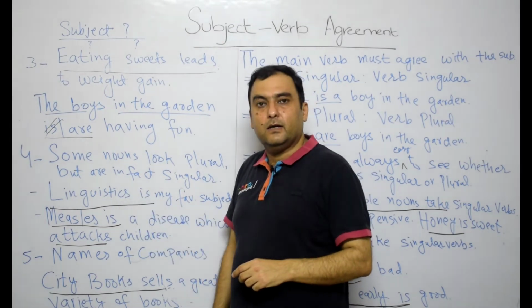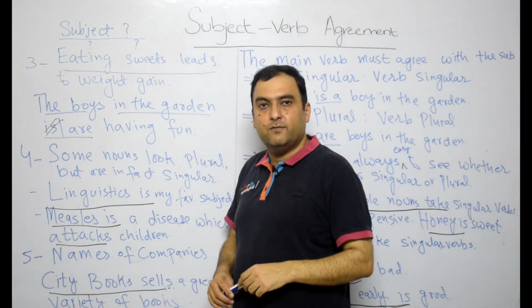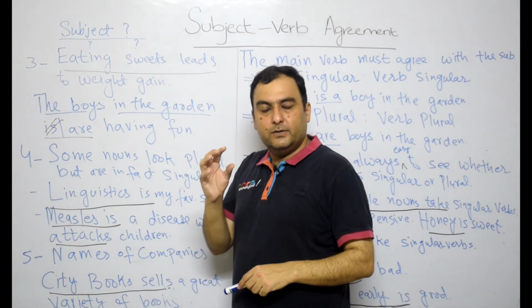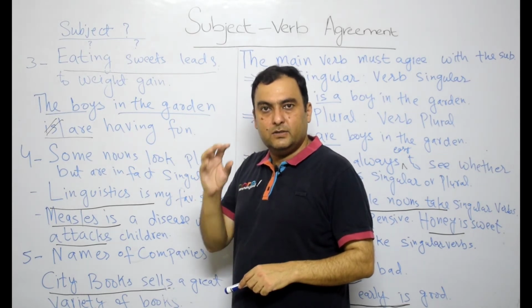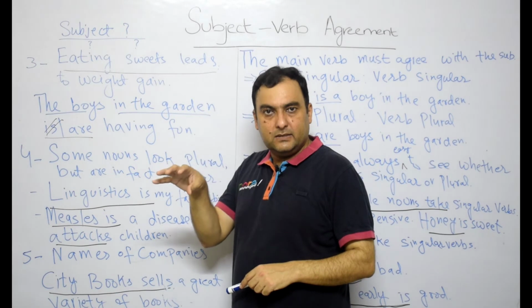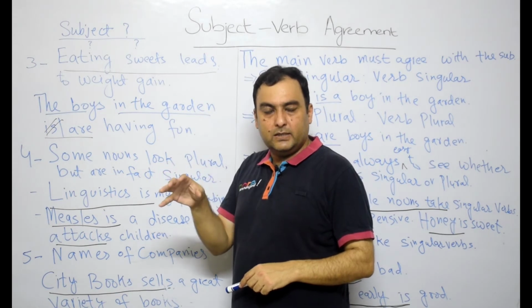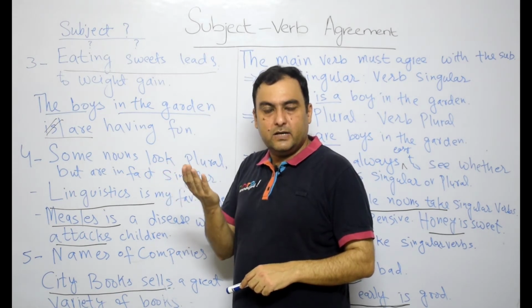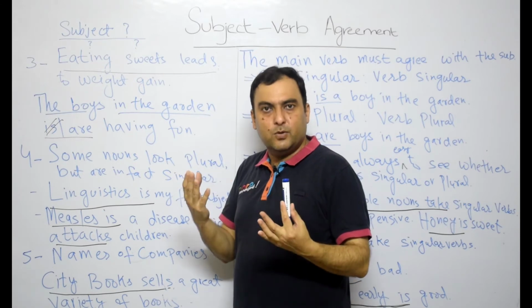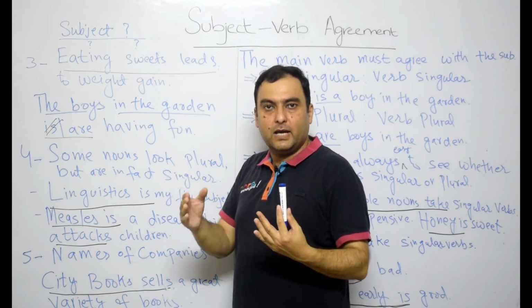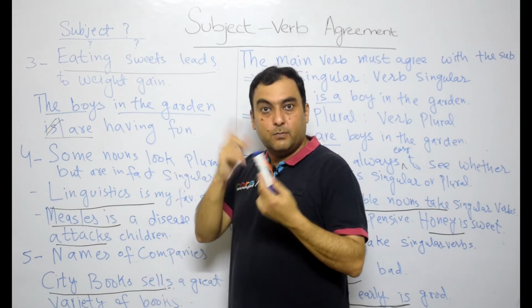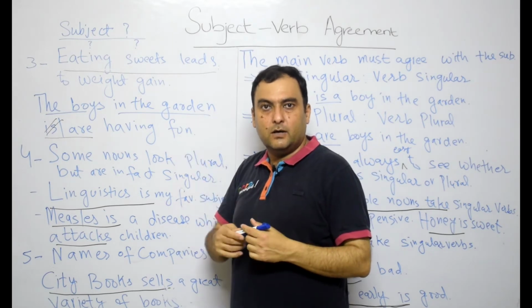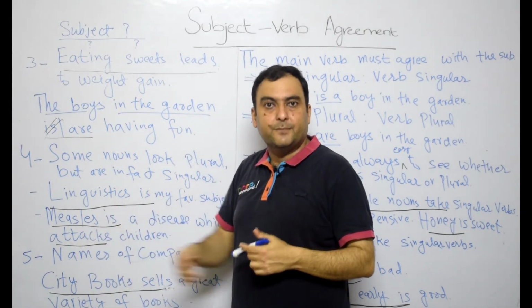The next point about subject-verb agreement is certain nouns which end in S. And we know that whenever there is S at the end of a noun, it's most probably a plural noun, like cat, cats, dog, dogs, marker, markers. So there are markers here, for example.